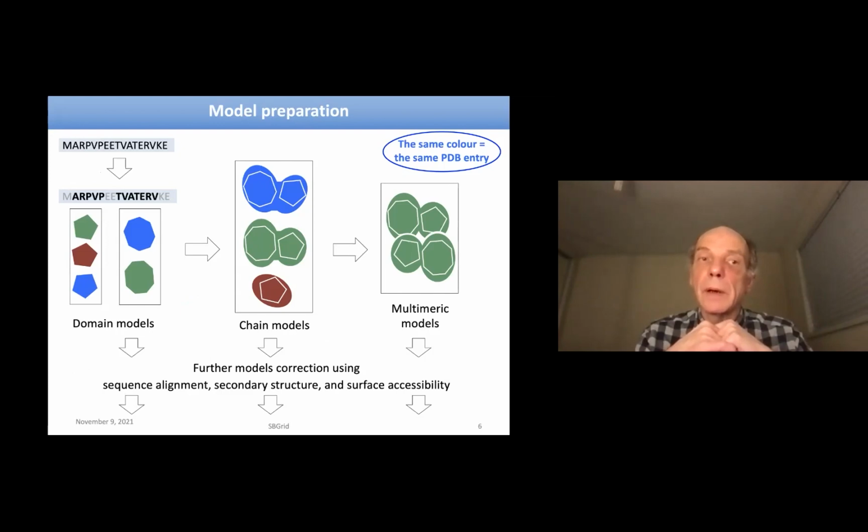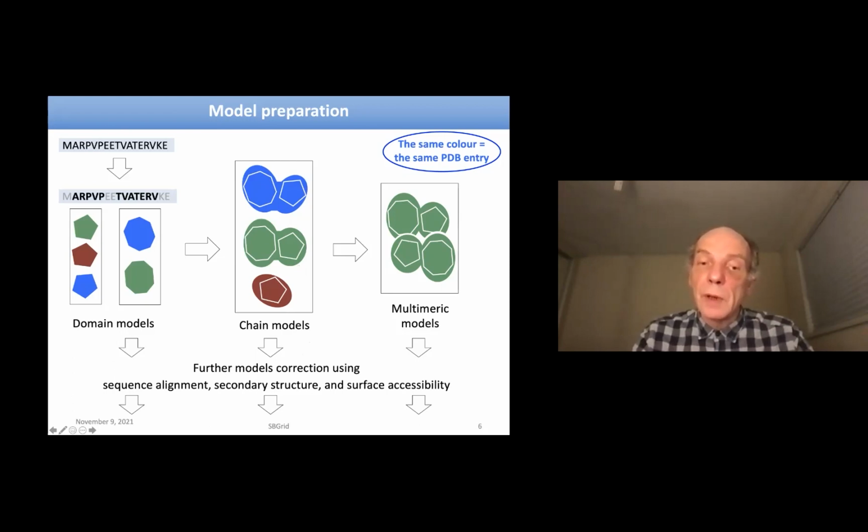If any of the domains matches part of the sequence, that part is removed and the search continues until the sequence is annotated by domains. Those domains are then assembled back into the chain and also passed further down the pipeline as individual search models. Chains are passed down the pipeline as individual models, and the multimeric models are also assembled if there is a definition of them in the database.